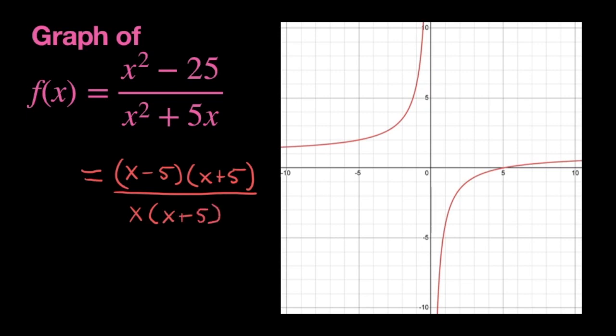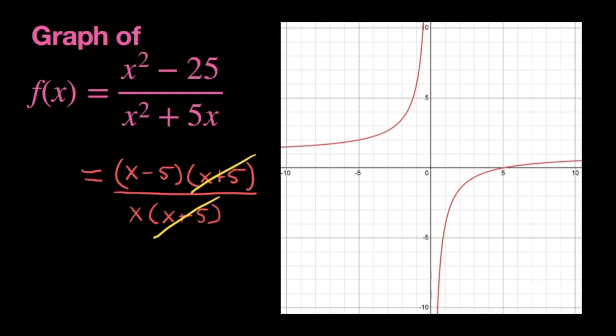So we can actually cancel the x plus 5, so that doesn't become a vertical asymptote. That's why in our graph, we don't have a line right here, and we actually only have the asymptote right here. But some graphing tools like Desmos sometimes don't show you the holes. If you were looking for two asymptotes and you see that there's not one in the graph, that means that you need to have a hole at that point.